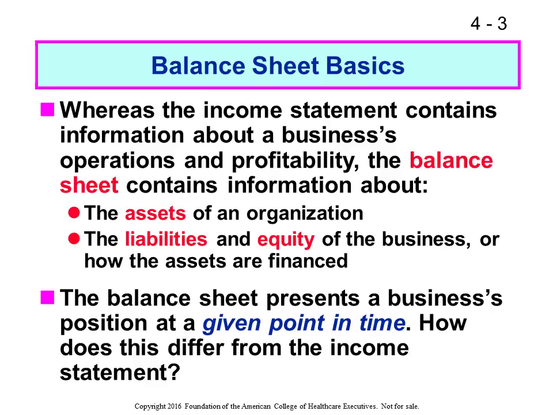I'm going to say that again. The income statement tells you how you operate in your finances over a period of time, whereas the balance sheet gives you your financial position at a specific time, a given point in time.